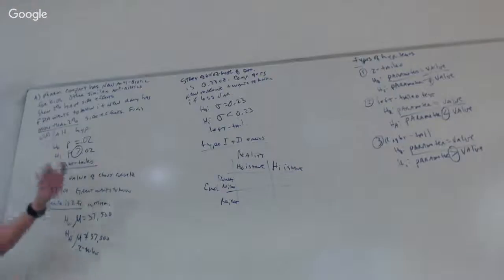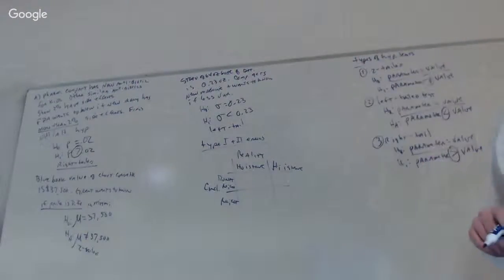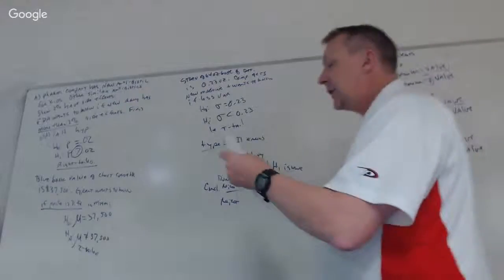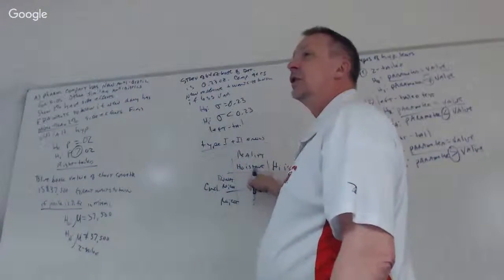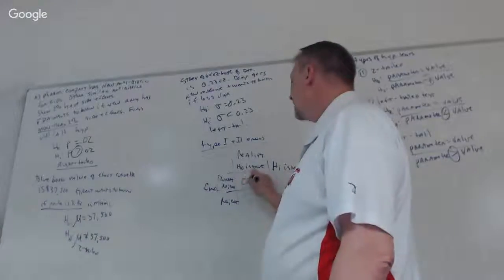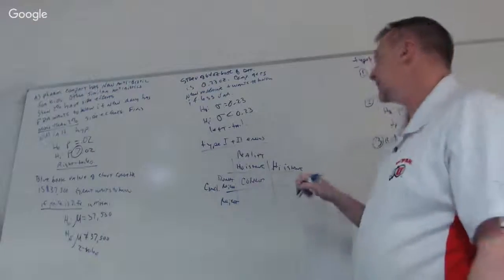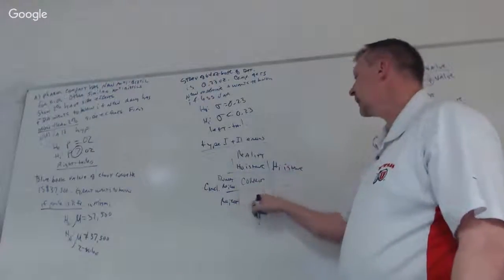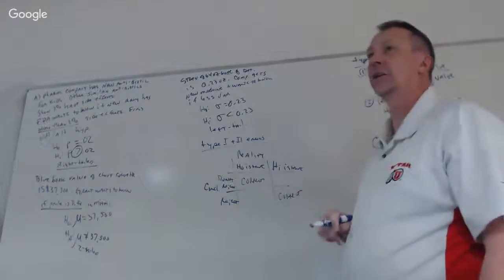Going back to that coin problem, you could accuse me of cheating and I wasn't cheating, right? So the reality is, the null could be true, you could not reject the null, and that would be a correct decision. Or conversely, the alternative was true, you reject the null, and that would also be a correct conclusion.